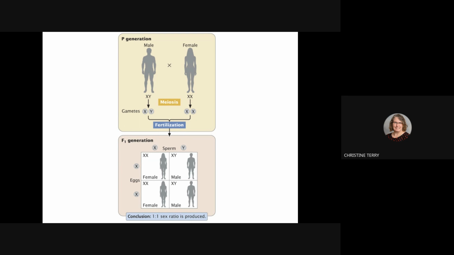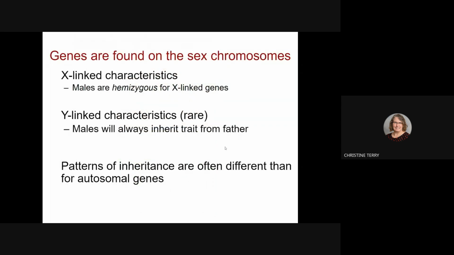When we're doing crosses with traits that are on the X chromosome or on the Y chromosome, we see certain patterns because of the way that the sex chromosomes are passed on, because of the genotypes that are produced. So when we have genes on the sex chromosomes, we talk about sex linkage.